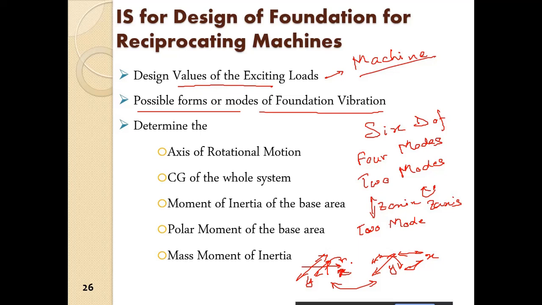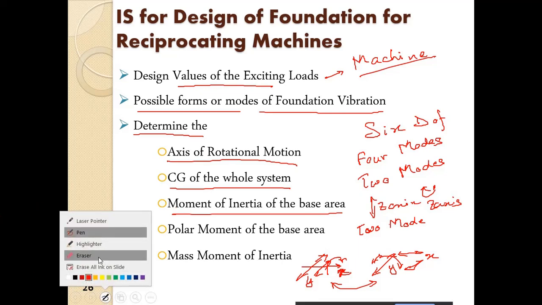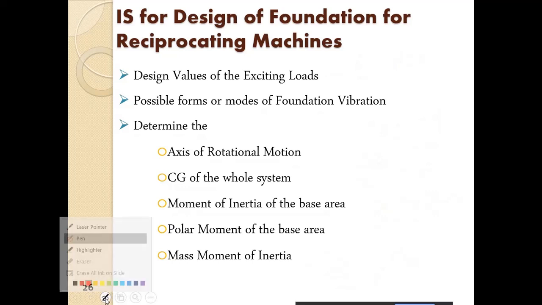So we have to determine these geometrical properties: the axis of rotational motion, the CG of the whole system, that is machine and foundation, and the moment of inertia of the base area. The moment of inertia of the base area we can easily find out.